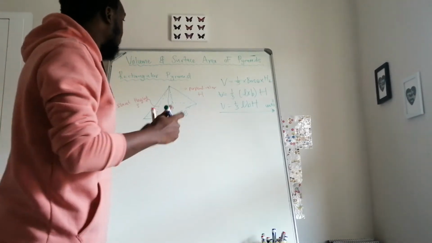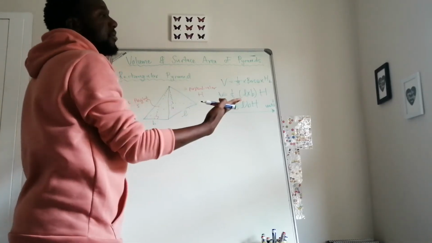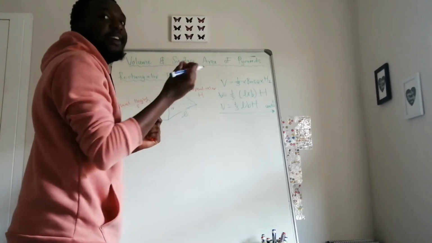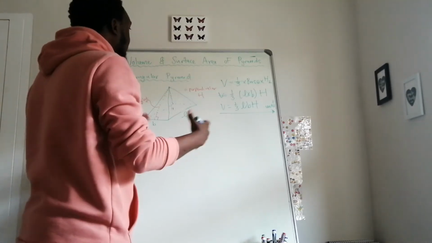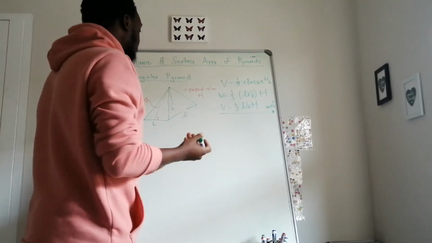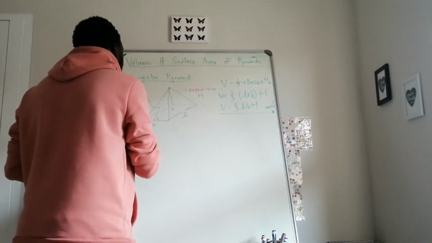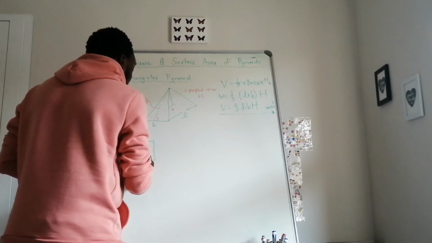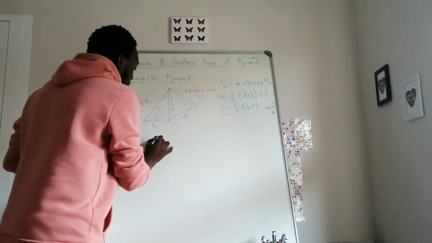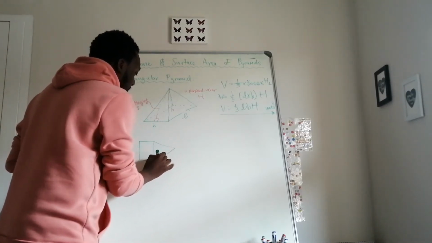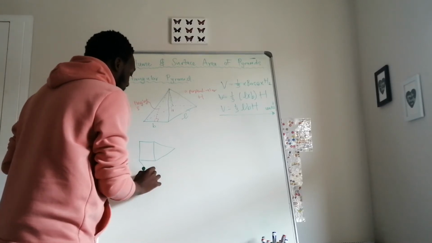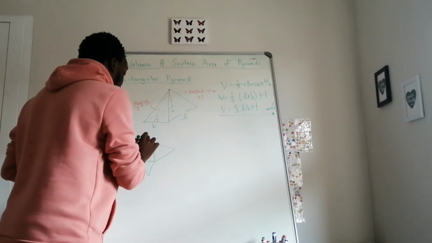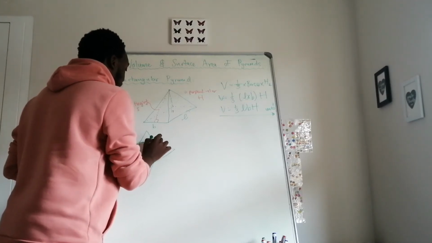Surface area, on the other hand, remember what surface area is. Surface area is literally us breaking up this object, or opening it up, and calculating the area of each face. So let's open it up. We have a rectangle there, a triangle that goes up that side, a triangle down there, a triangle there, and a triangle there.